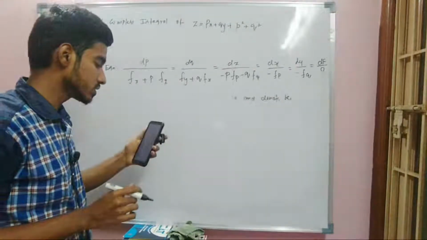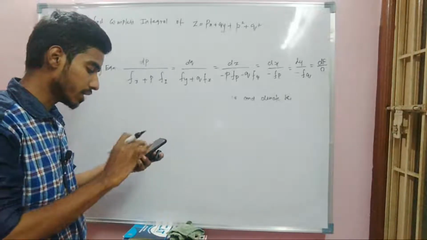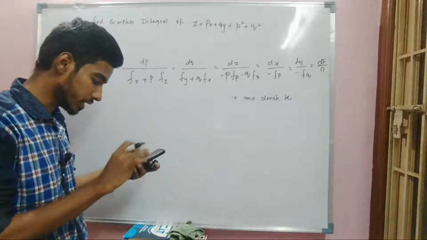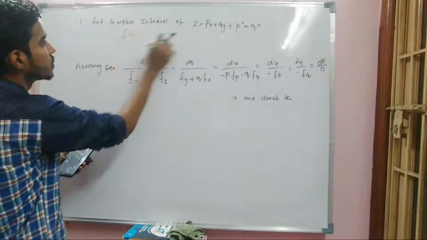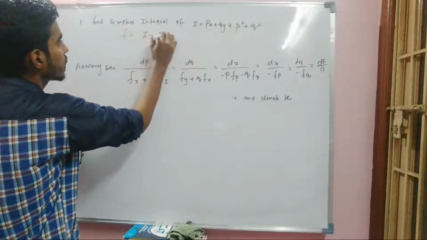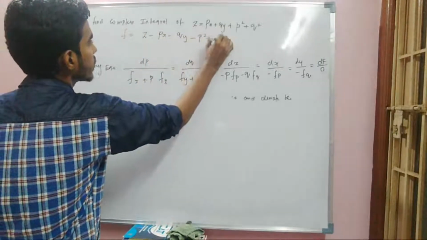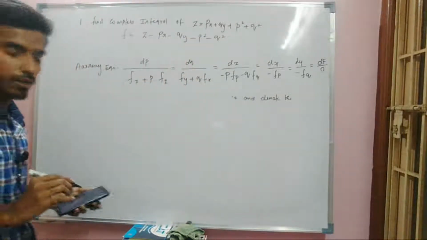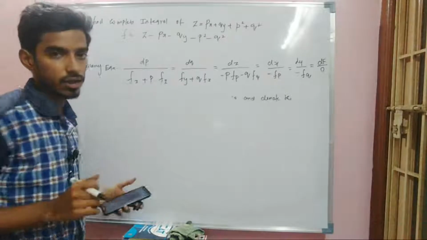So what is our first step? You have to bring all the terms to this side and equate that to 0, right? So our f is equal to z minus px minus qy minus p square minus q square. This is our f. After that, you need to find the auxiliary equation.